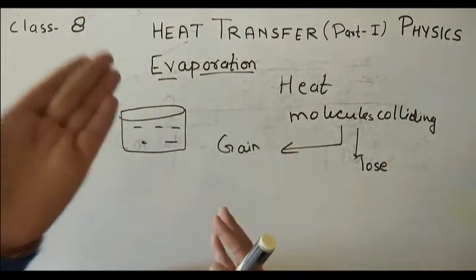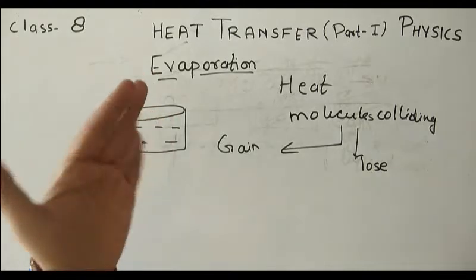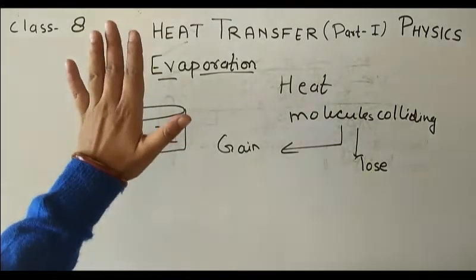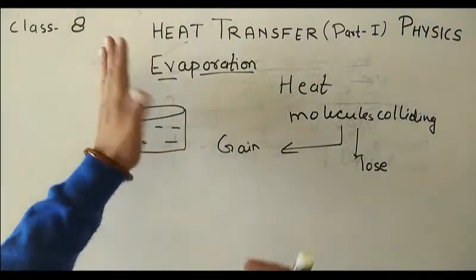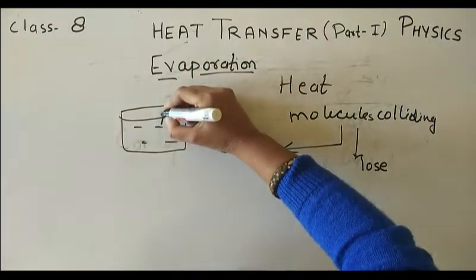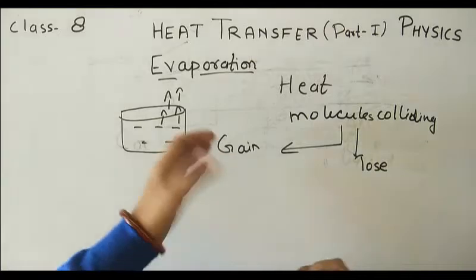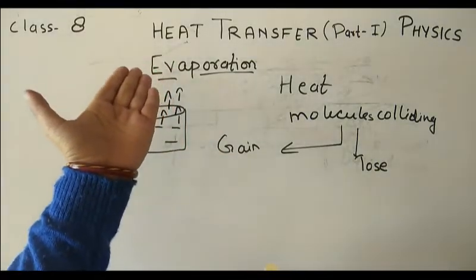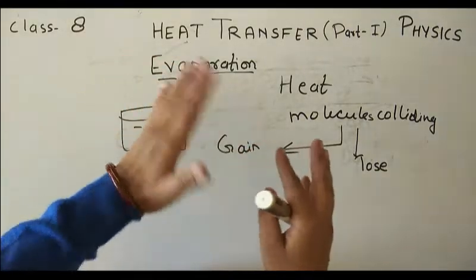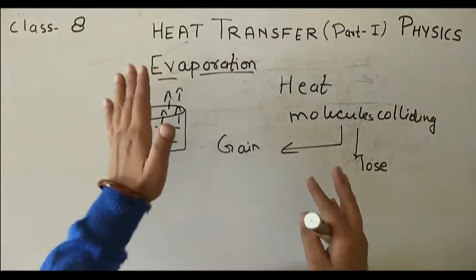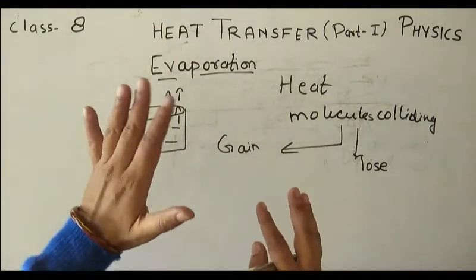अब वो उसके bond को तोड़ करके escape कर सकते हैं. So they break away from the surface of the liquid and they move up. Okay, hence evaporation occurs with the molecules of the liquid.